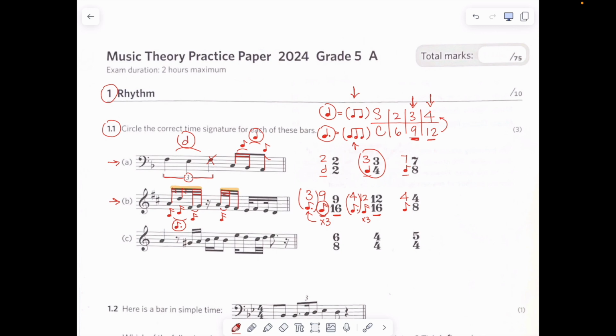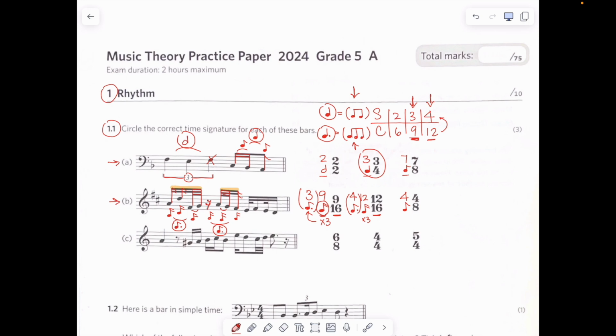Then there is a semiquaver here, and don't forget there is this semiquaver rest before this group of notes, right? So I've got a semiquaver here, that's the rest, and a semiquaver here, that's the last note. Again, together they make another dotted quaver. So that will be my second beat.